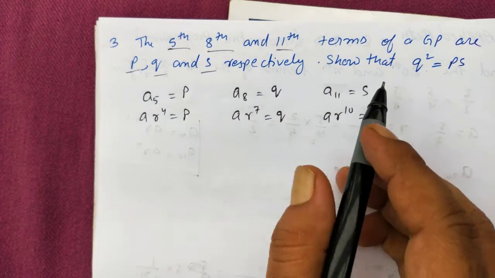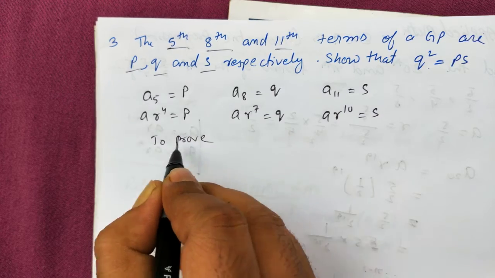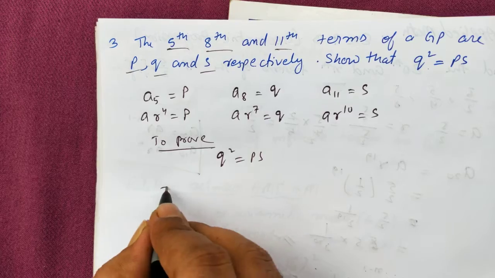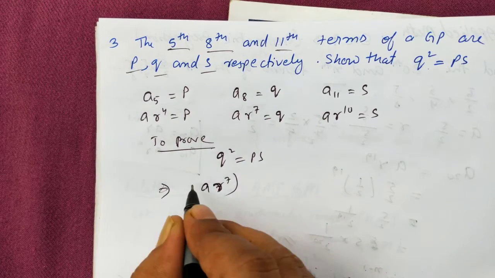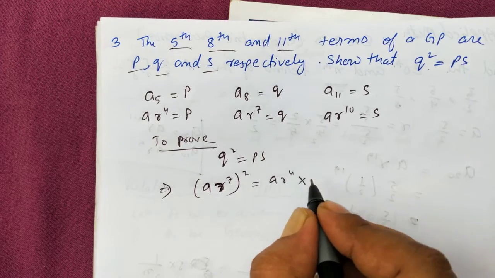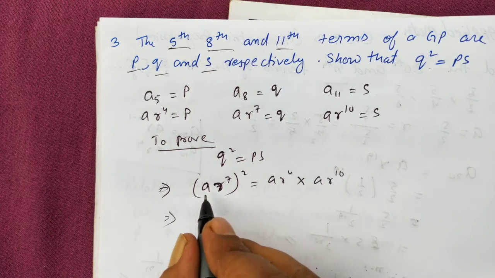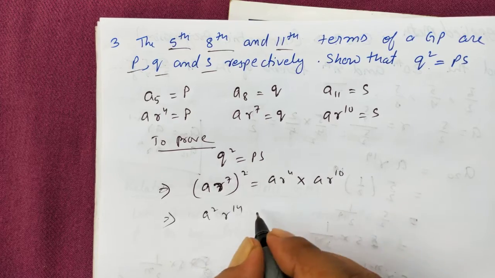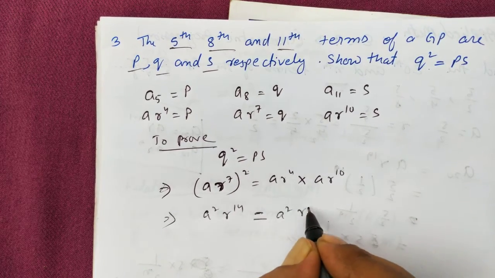Now let us find the relation of these three, to prove Q square equal to PS. Put the value. Q is A R power 7, and P is A R power 4, S is A R power 10. So this will be A square, R 14, and this is A square, R 14.